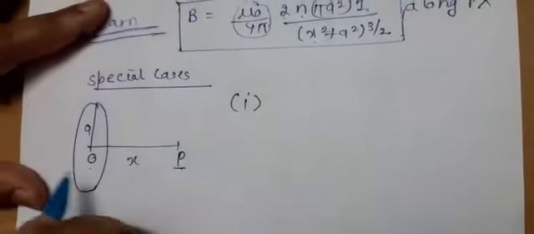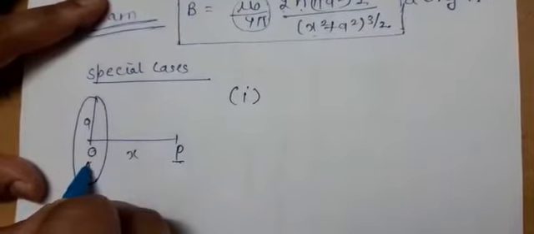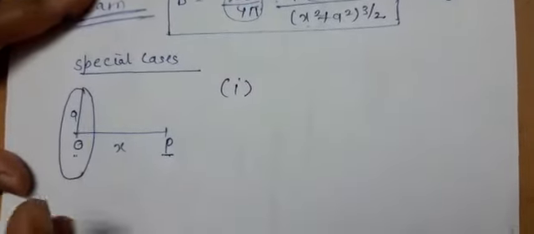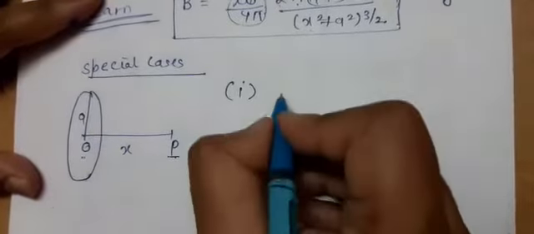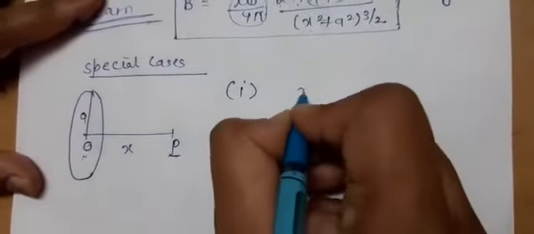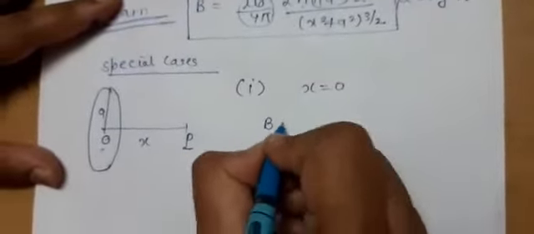If this point is lying at the center, in this way you will reach the conclusion which we have already obtained. If P is taken at O, it means x is 0. Substitute x equal to 0 in this result. What will be the magnetic field?